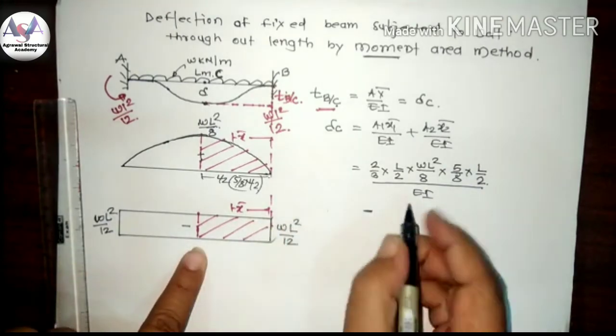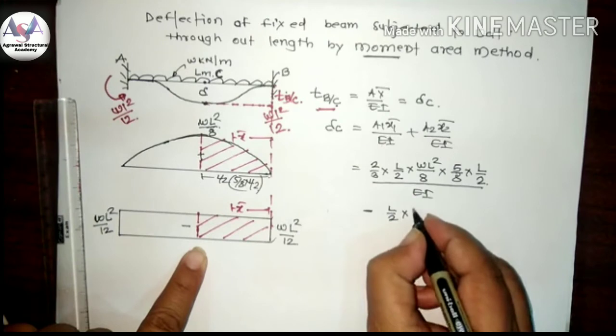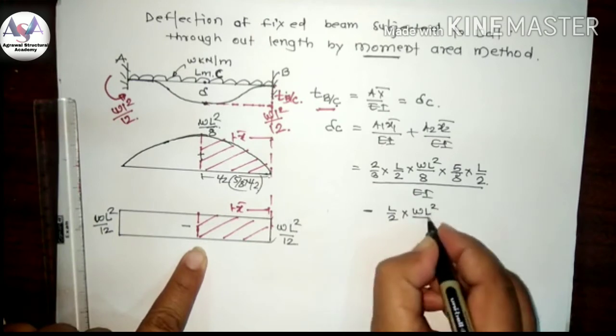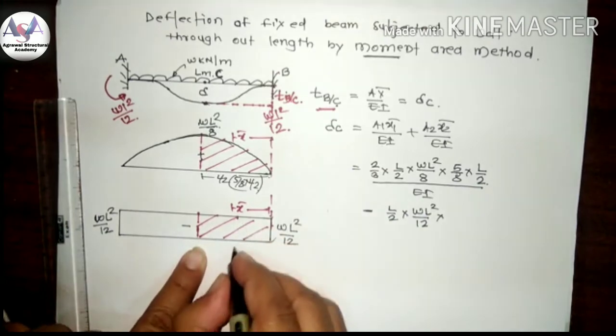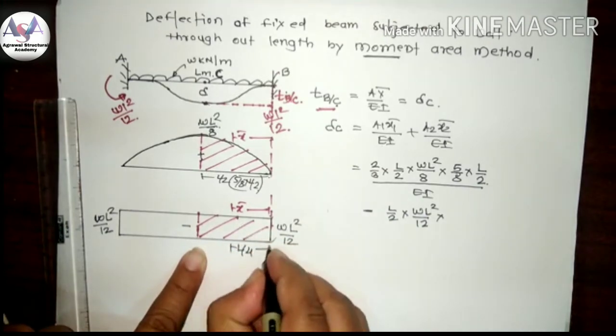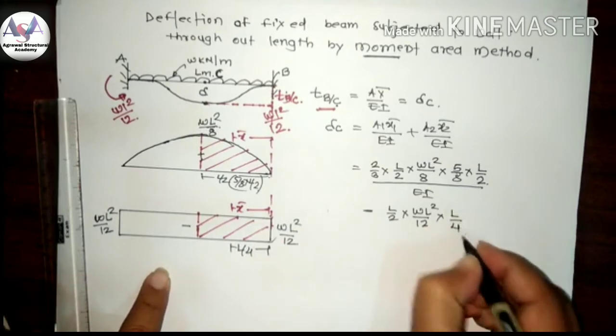Now the base is L by 2, height is WL square by 12, into the CG of this, which is L by 4, because the total is L by 2, so the CG is L by 4.